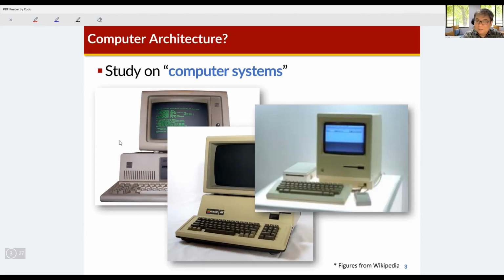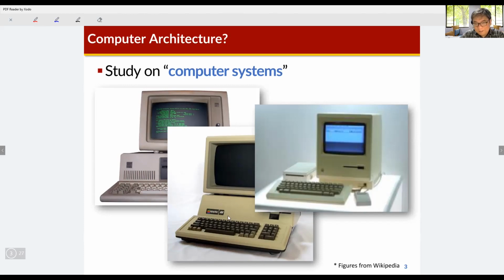IBM is a kind of software company, which also built server computer systems. It's not a consumer company. Anyway, this is the first personal computer developed by IBM.